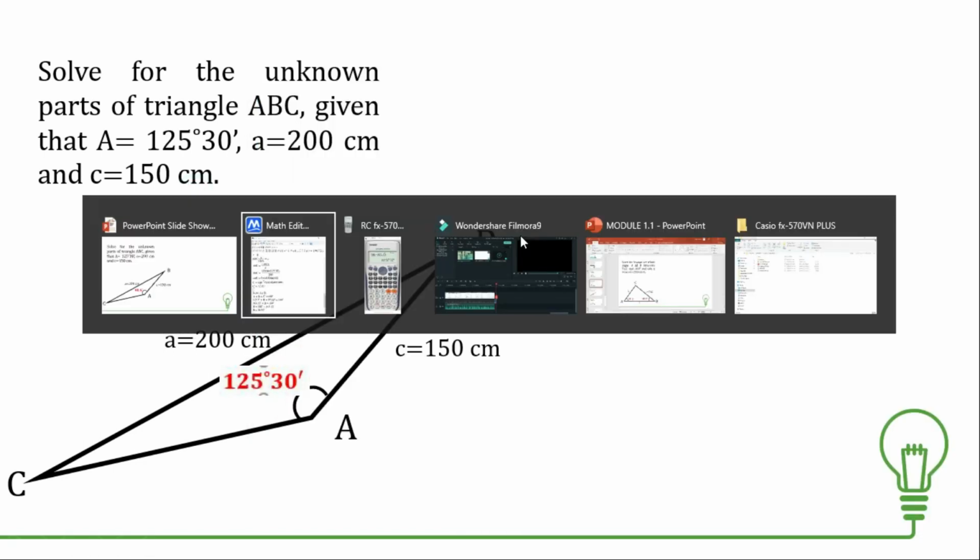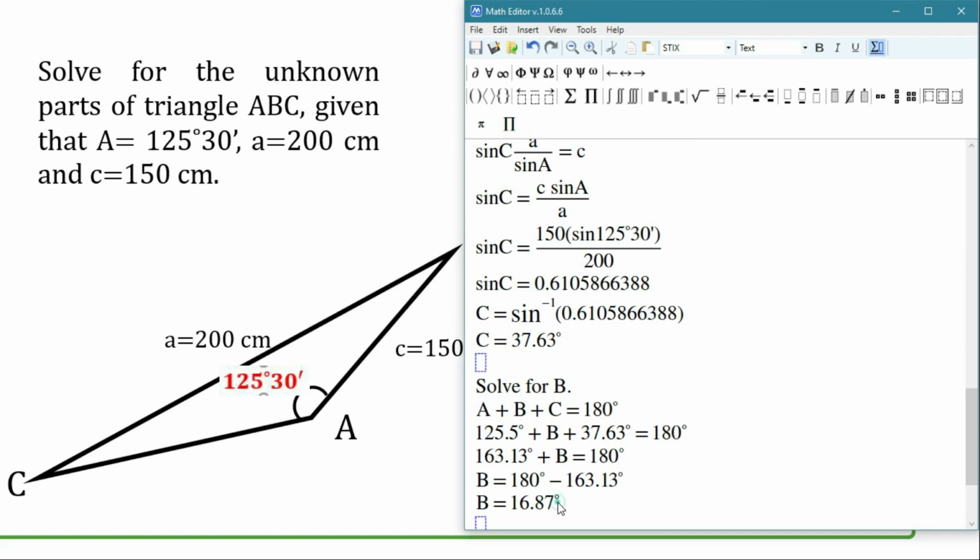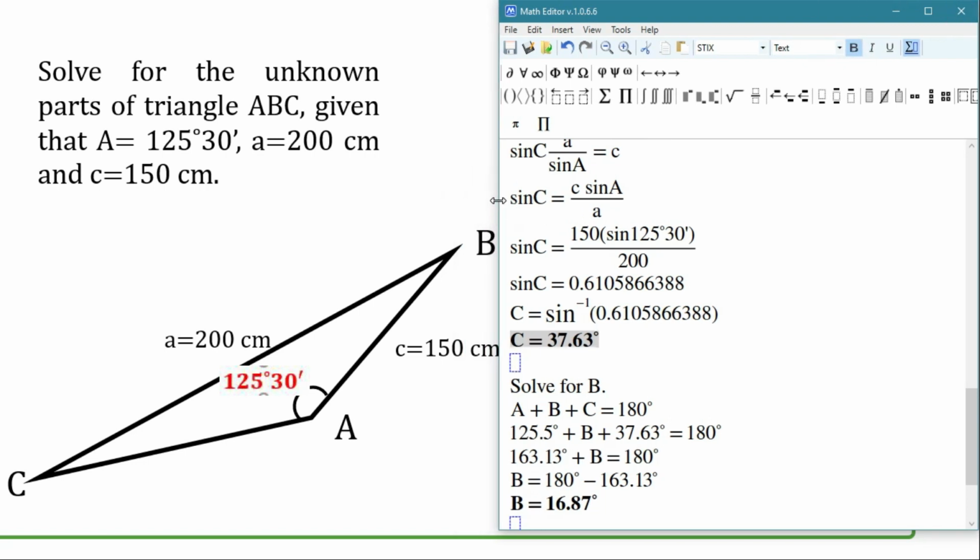So, we have just solved for the two unknowns. So, natitira na lamang po is yung measure ni side B, if I'm not mistaken. Okay, so we are looking for the measure of side B here.